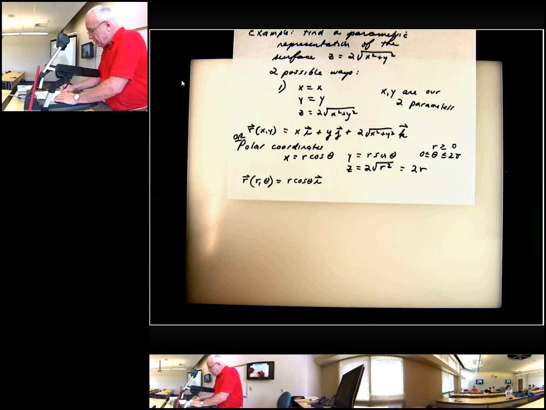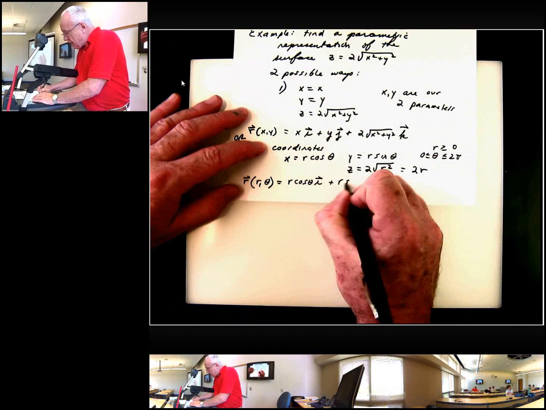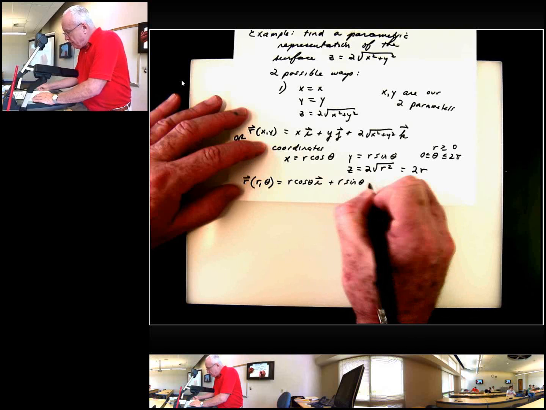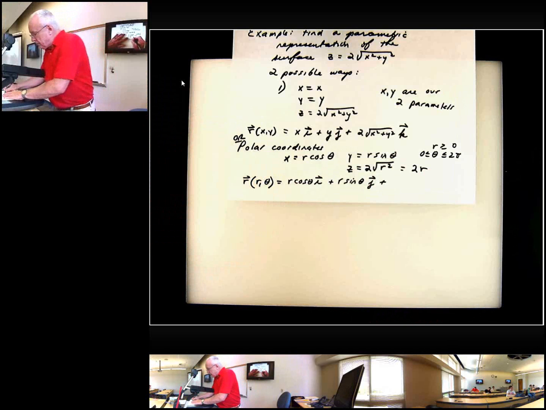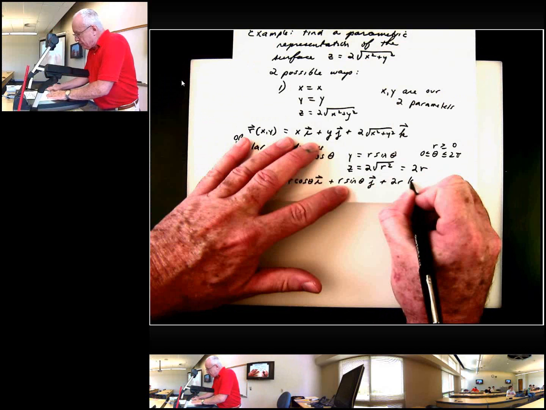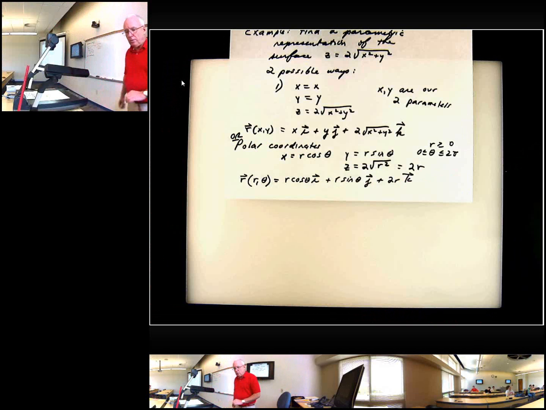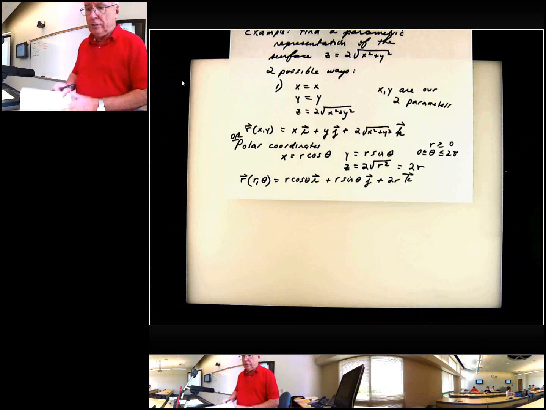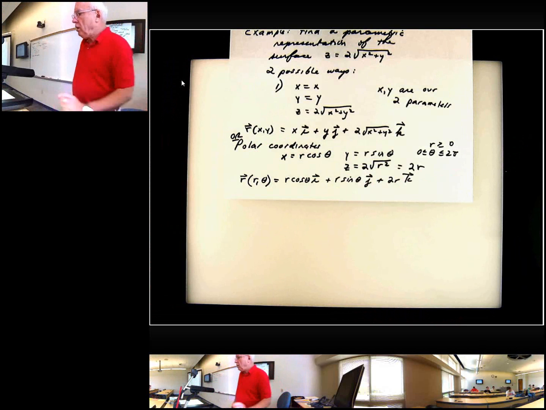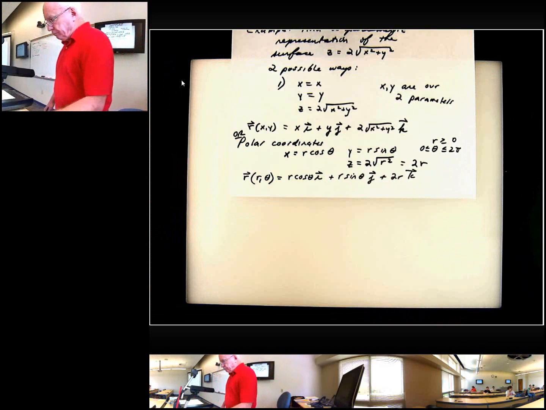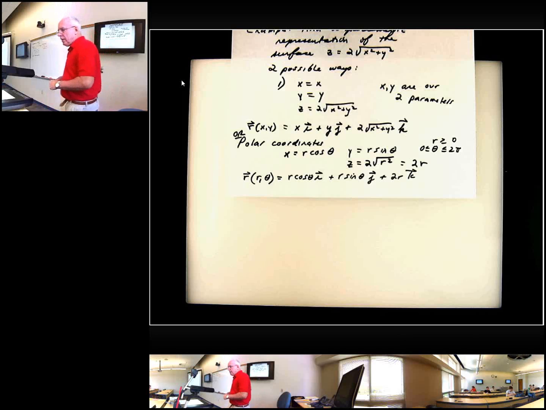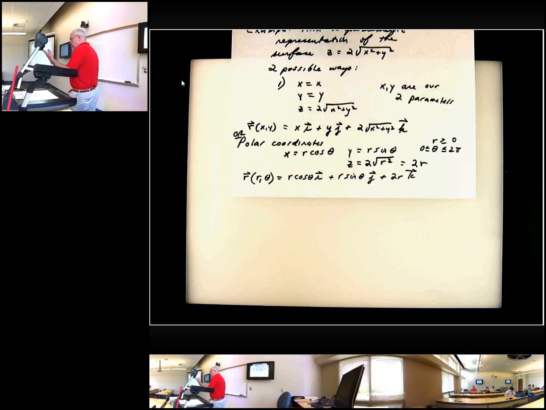And then plus y is r sine theta times the j vector. And then z we count is 2 times r, and that's times the k vector. And so we have another parameterization of this. All right.